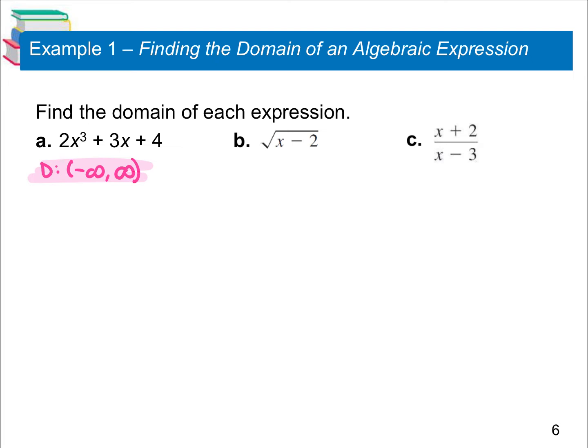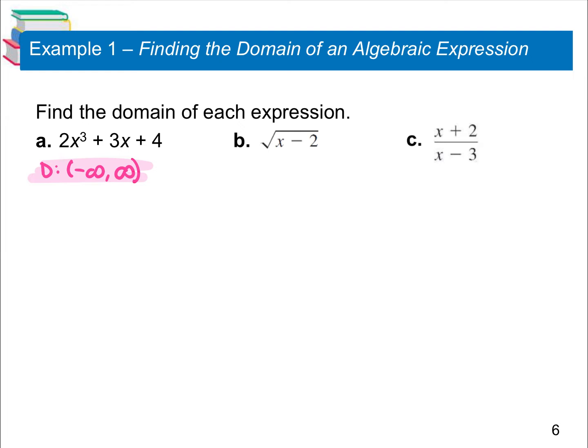For example, B, you have the square root of x minus 2. Anytime x is underneath the square root, you're going to take whatever the expression is underneath that square root that x is involved in and set that expression greater than or equal to 0 and solve it for the variable.